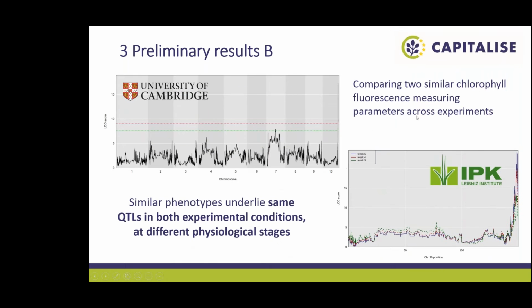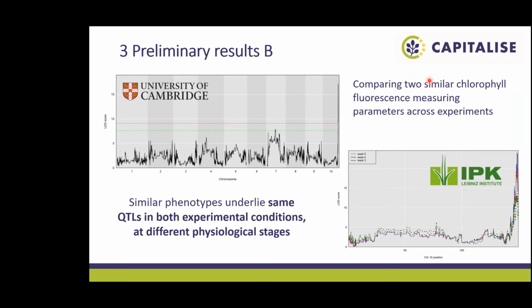And another example, which I think is really relevant for this presentation, is that we're now analyzing data coming from field trials in Cambridge and from the phenotyping facility at IPK.